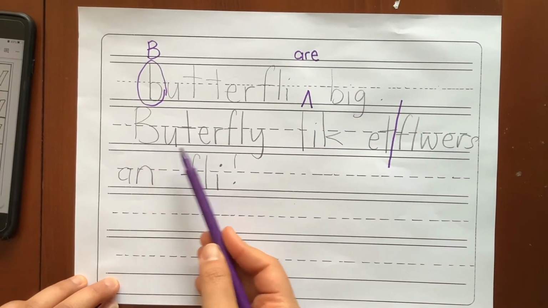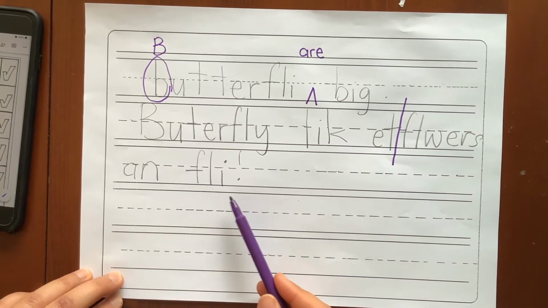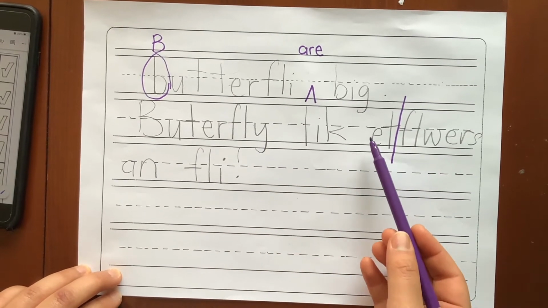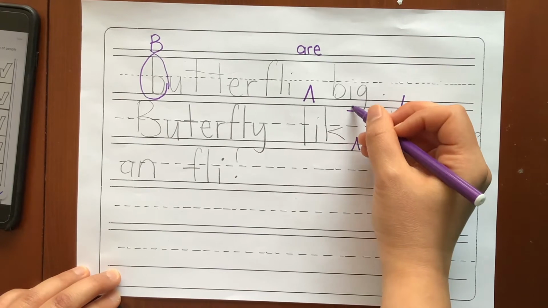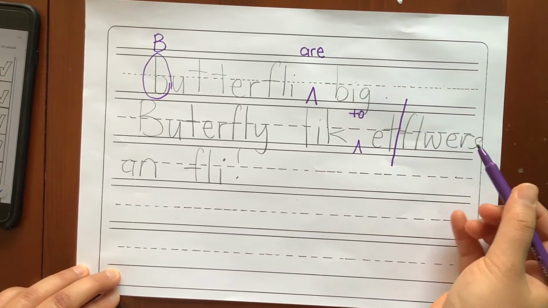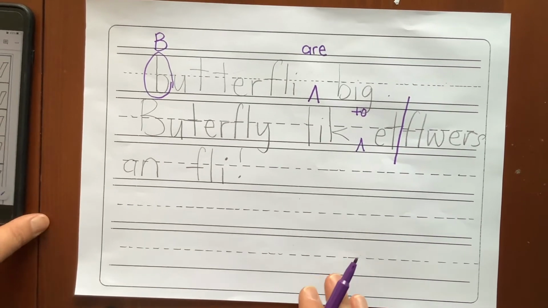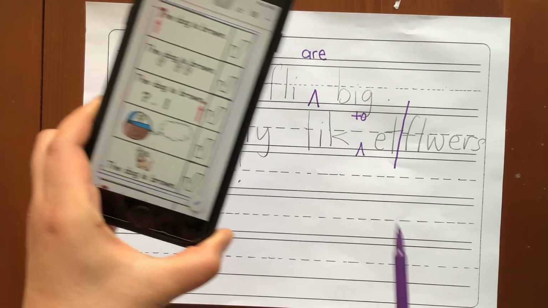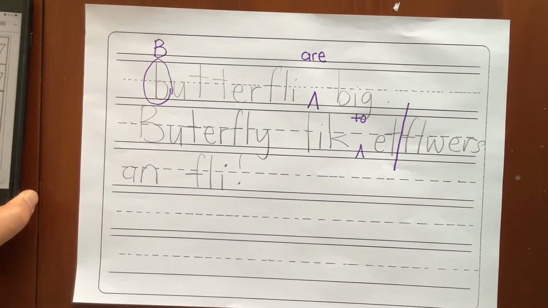And then "butterflies like eat flowers and fly." So once again, you can write butterflies like to. You can say, remember how to write to? So again, put the caret. To eat flowers and fly. Okay? And then the last part is just making sure that the picture matches with the drawing and the writing that they did.